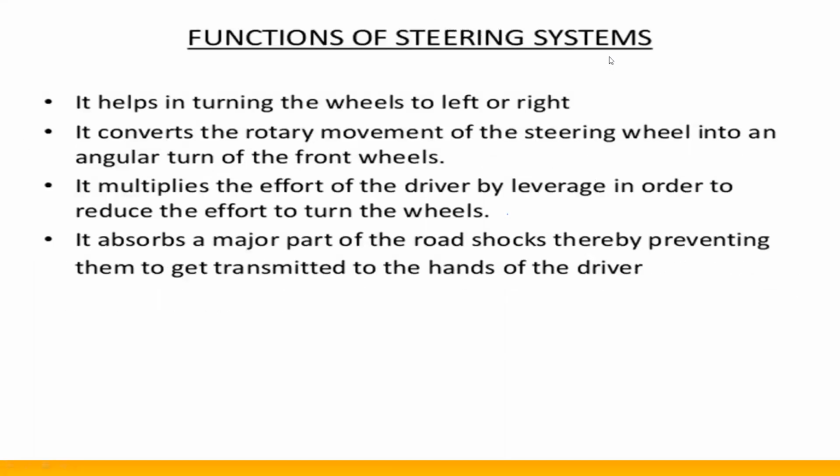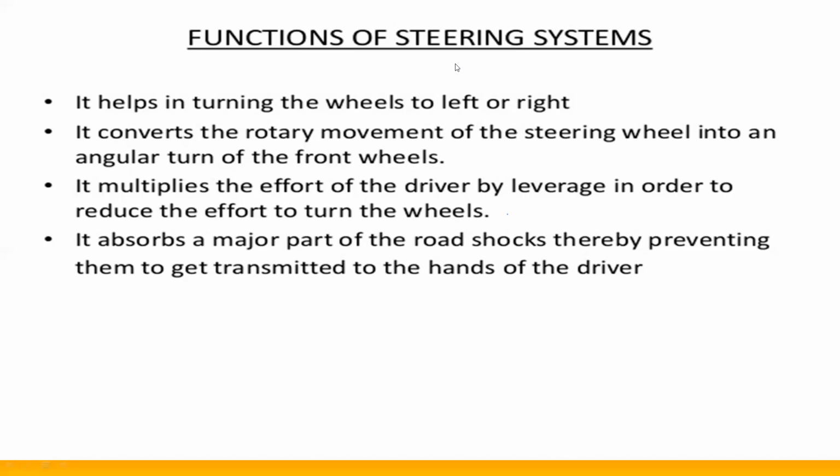Next, what are the functions of a steering system? It helps in turning the wheels to the left or right. So the main function of the steering system is to help turn the wheels to the left and right, or keep them straight on the road.